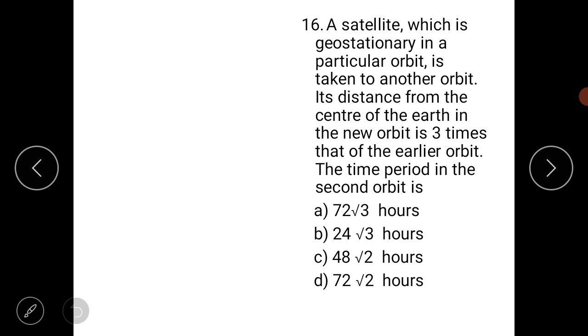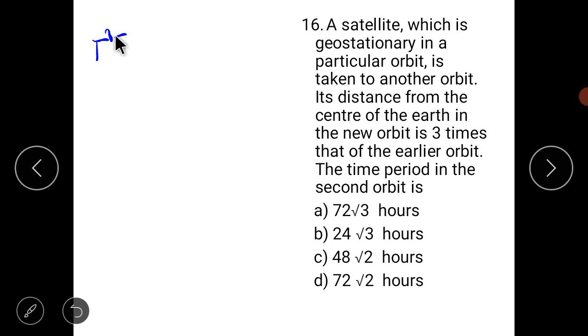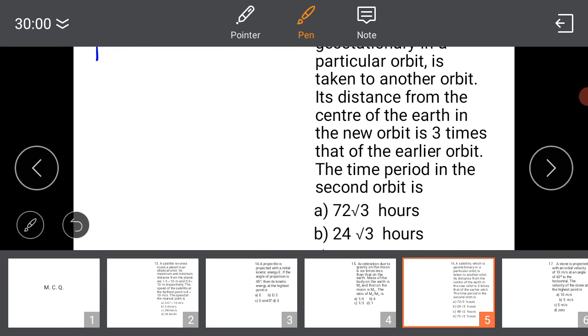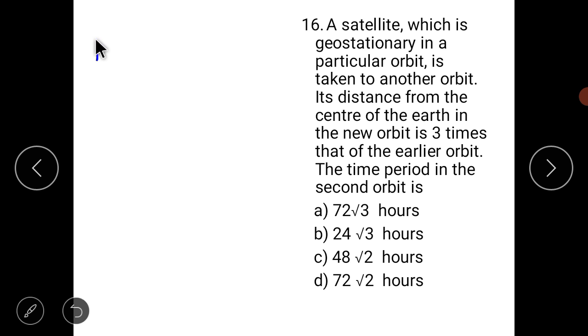Already all of you know. So the square of the time period is directly proportional to the cube of the semi-major axis according to Kepler's law.